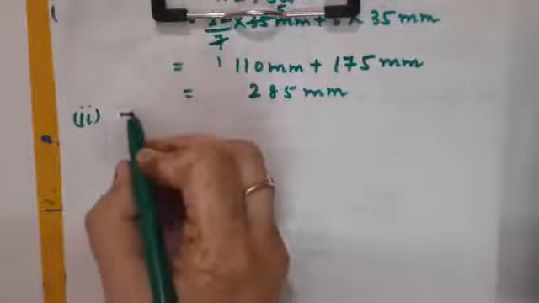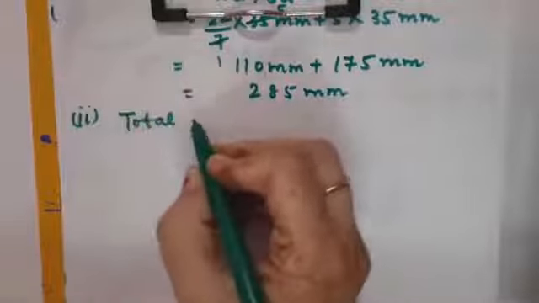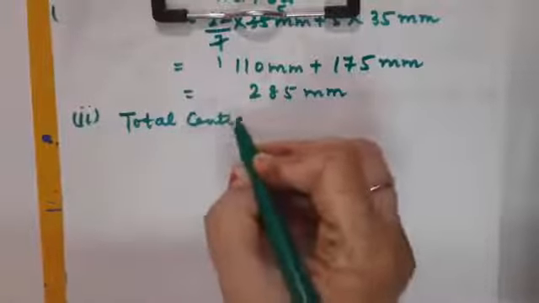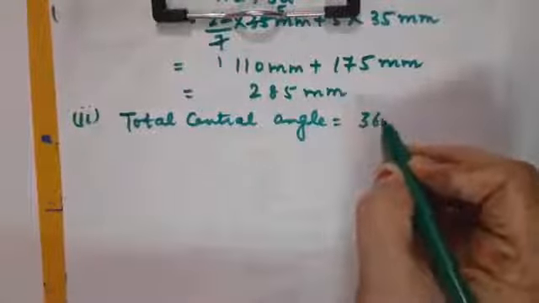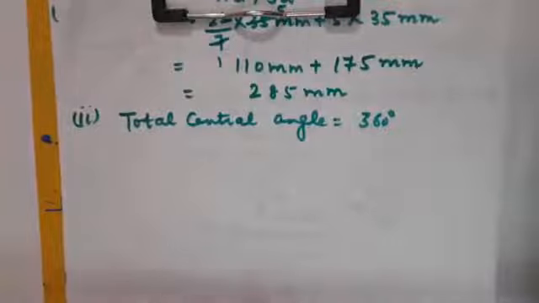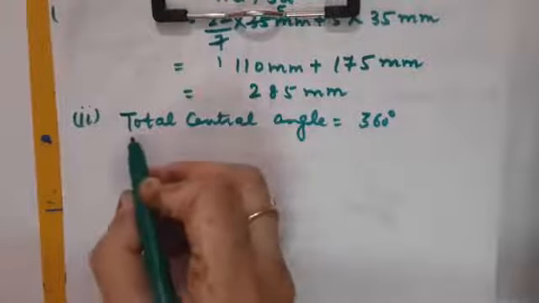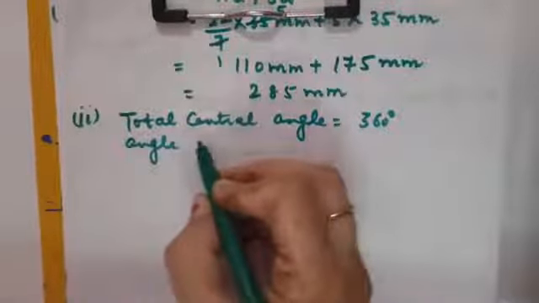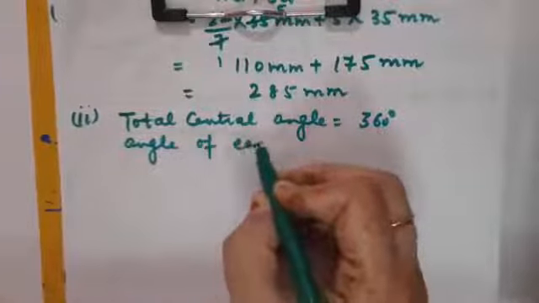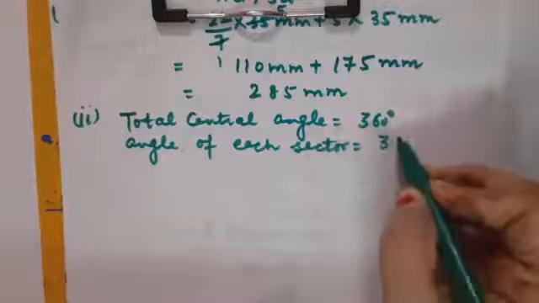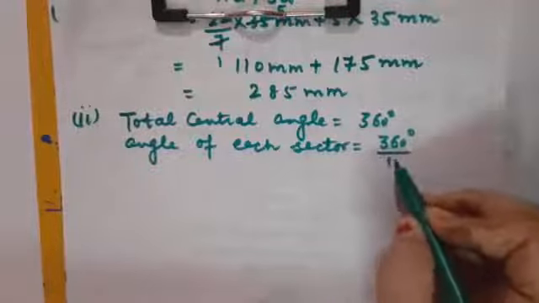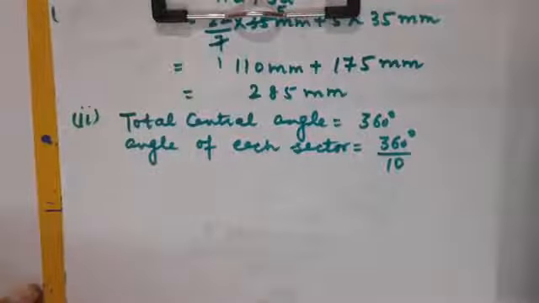As we know that the total central angle is of 360 degree, right? And we will have to calculate the angle of each sector. So the angle of each sector will be, complete angle divided by 10. Can you give me the reason? Why?